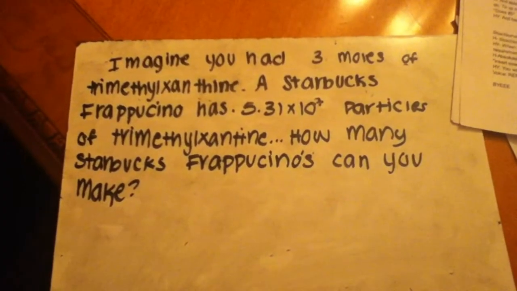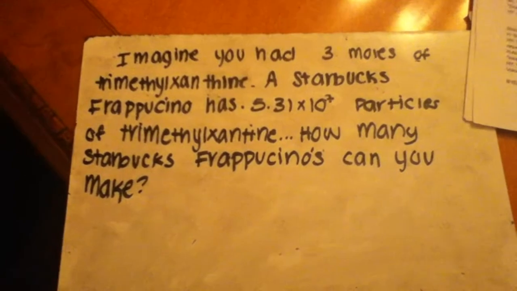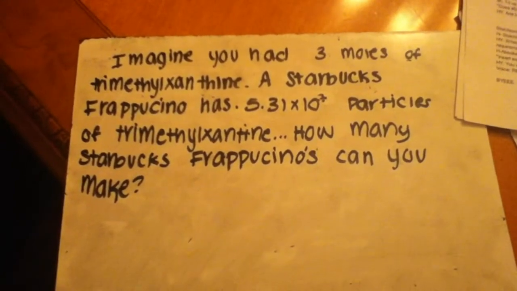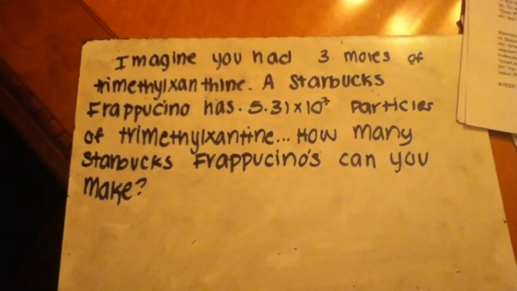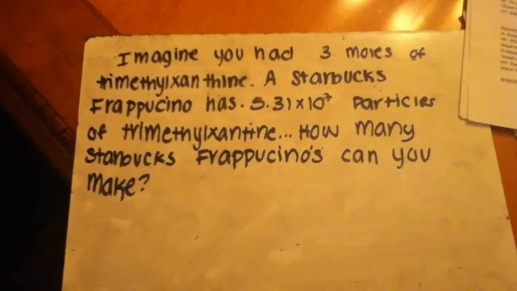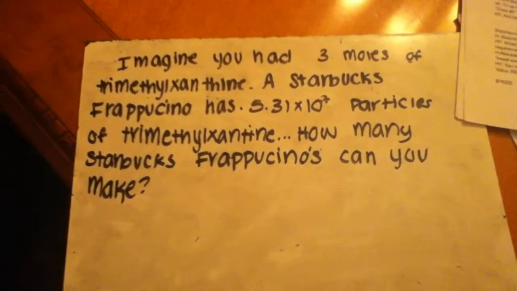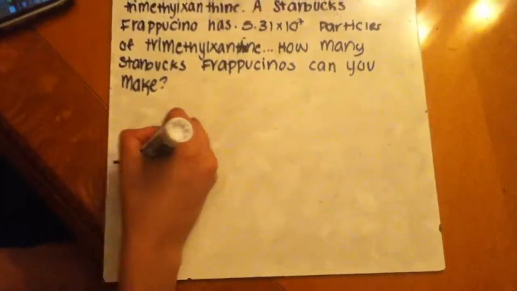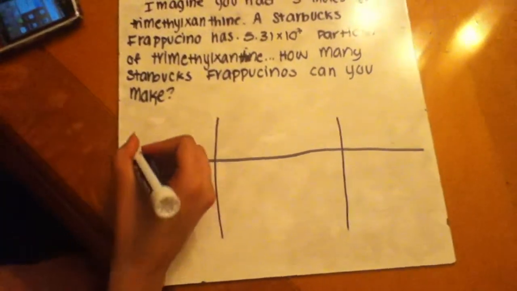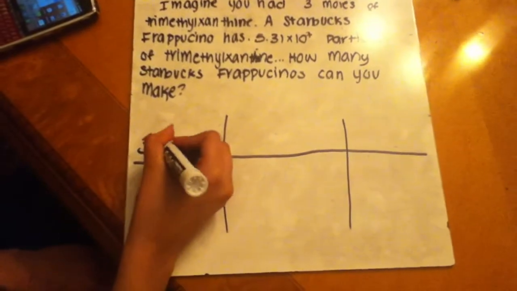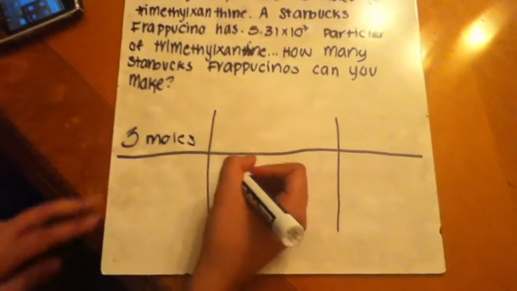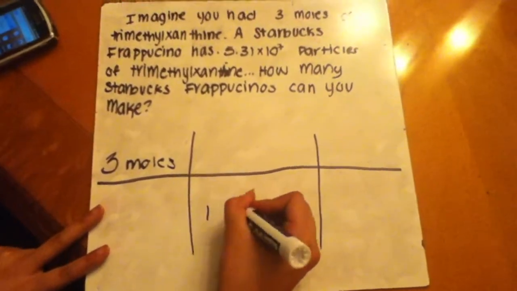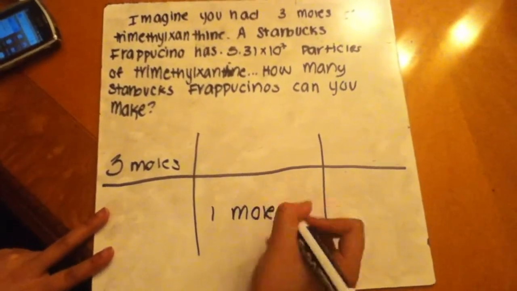Imagine you had 3 moles of trimethylxanthine. A Starbucks Frappuccino has 5.31 times 10 to the 7 particles of trimethylxanthine. How many Starbucks Frappuccinos can you make? So you start off with 3 moles because that's what it gave you.